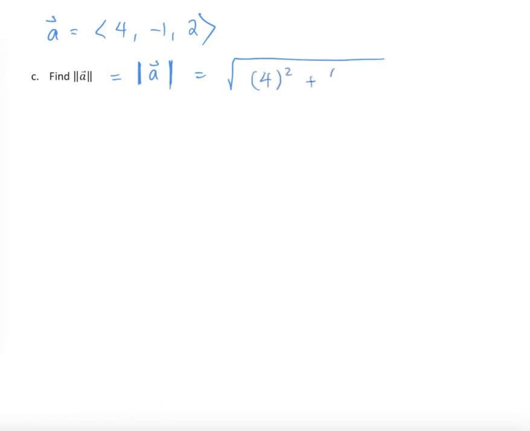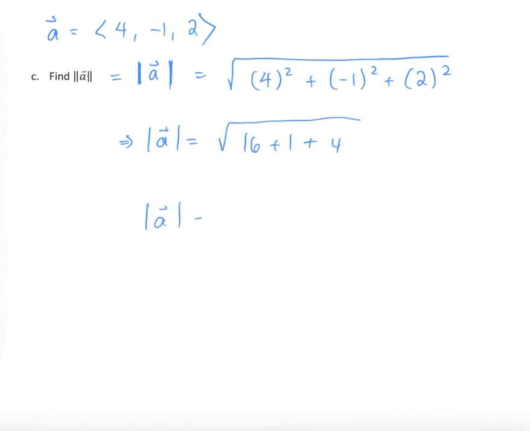So we'll say 4 squared, -1 squared, and 2 squared. This gives us the magnitude of vector A, so the magnitude of A is equal to the square root of 16 plus 1 plus 4, again that 21 inside there. So the magnitude of A is equal to the square root of 21.